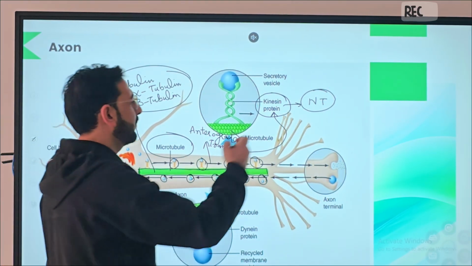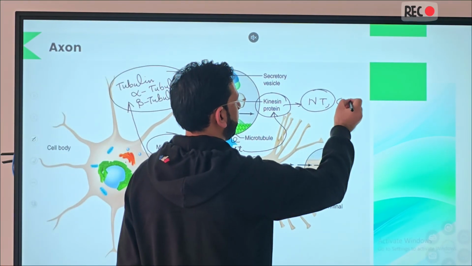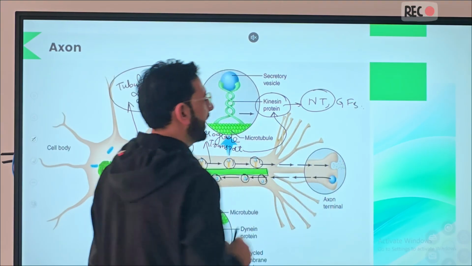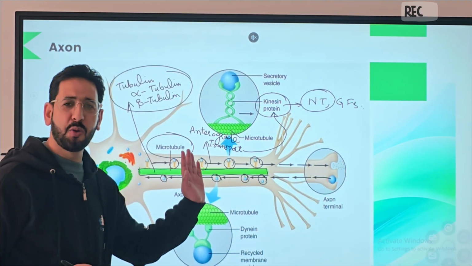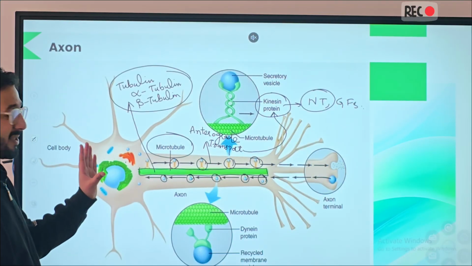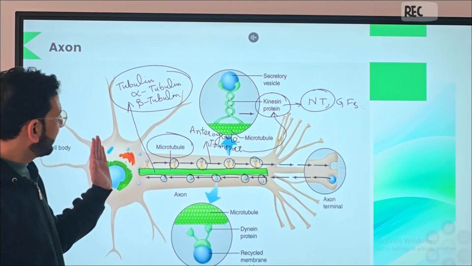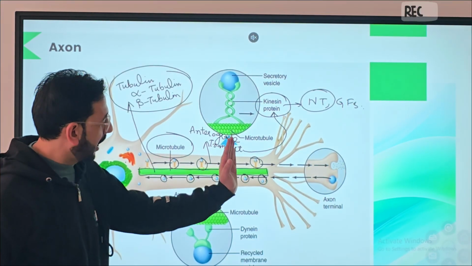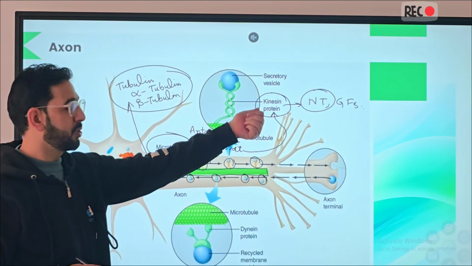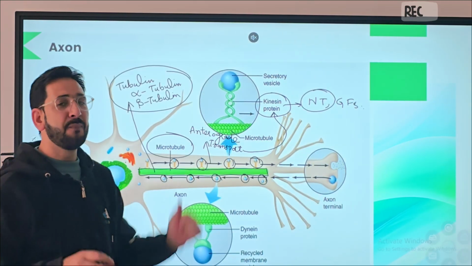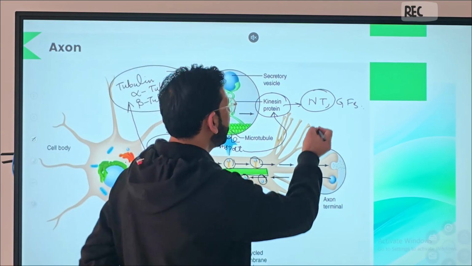Then there can be different growth factors. There can be growth factors that are very important for the repair and regeneration of the neurons, and that are synthesized here in the cell body, and those are transported down the axon via the microtubules by these motor proteins called kinesins. The third important thing is any cell organelle.